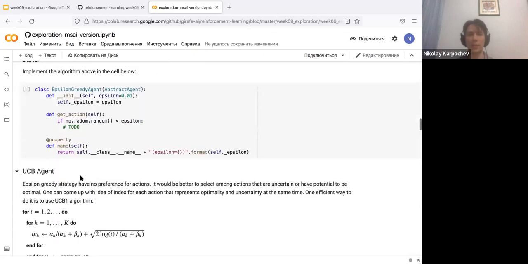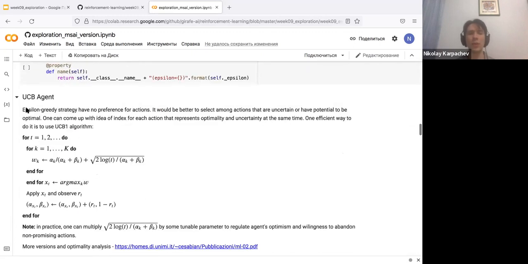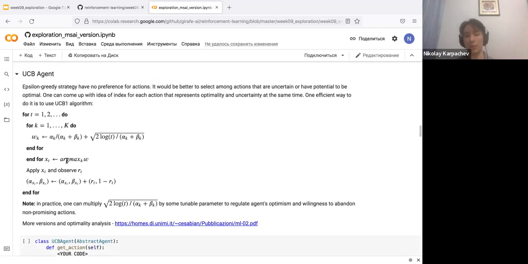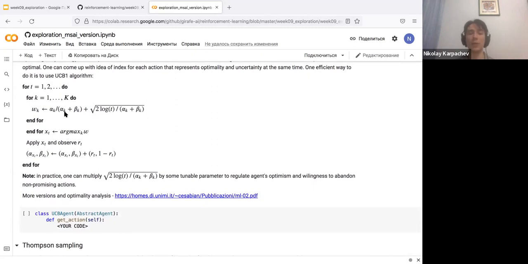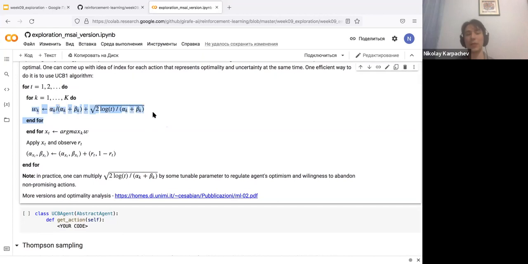So that's epsilon greedy. The more interesting thing is the UCB agent. UCB is what we've seen in the lecture. It estimates the upper confidence bound. Here we already have the upper confidence bound, which is the mean of the distribution plus the deviation from the mean at a given confidence level.